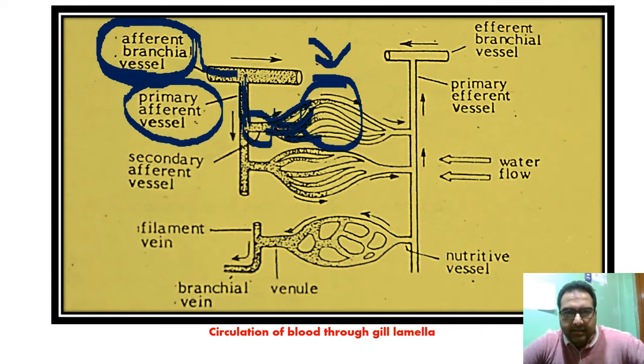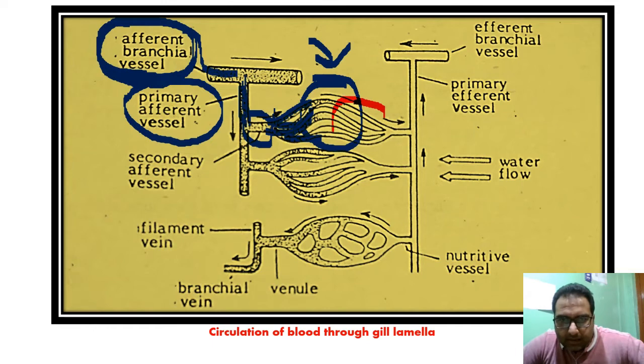The oxygenated blood, which I am going to show you in red, is collected by the efferent lamellar arterioles, which carry blood to the primary efferent vessels.